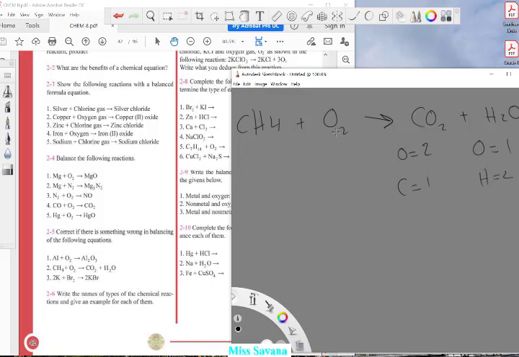Now my oxygen here is 2, and my carbon here is 1, and my hydrogen is 4. So I have a problem, this one is less. Multiply this by 2. Now you're gonna have this one 2, and you're gonna have this one 4. Now you only have one trouble: your oxygen here is 4, while in here it's 2.